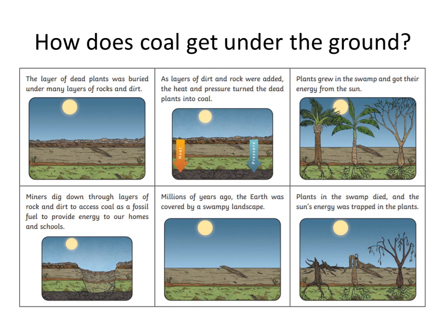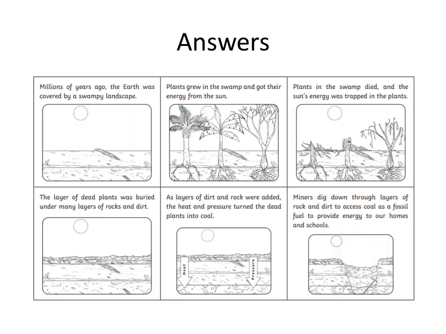Millions of years ago, the earth was covered by a swampy landscape, and plants in the swamp died, and the sun's energy was trapped in the plants. So, could you order those 6 pictures in your book? You can just write out the 6 sentences in the correct order. So pause the video now, and then we will reveal the answers.